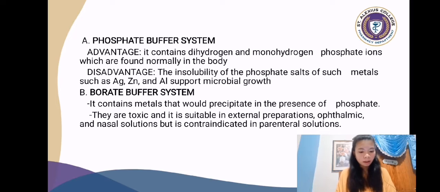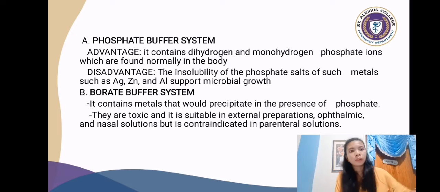So, next is the borate buffer system. The borate buffer system naman, it contains metals that would precipitate in the presence of phosphate. So, they are toxic and it is suitable in external preparations, ophthalmic and nasal solutions, but is contraindicated in parenteral solutions.